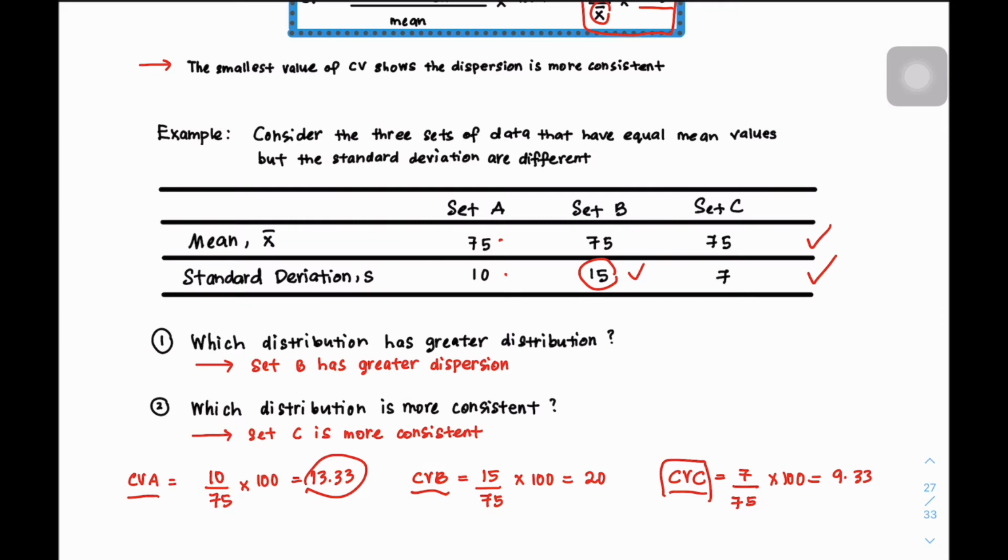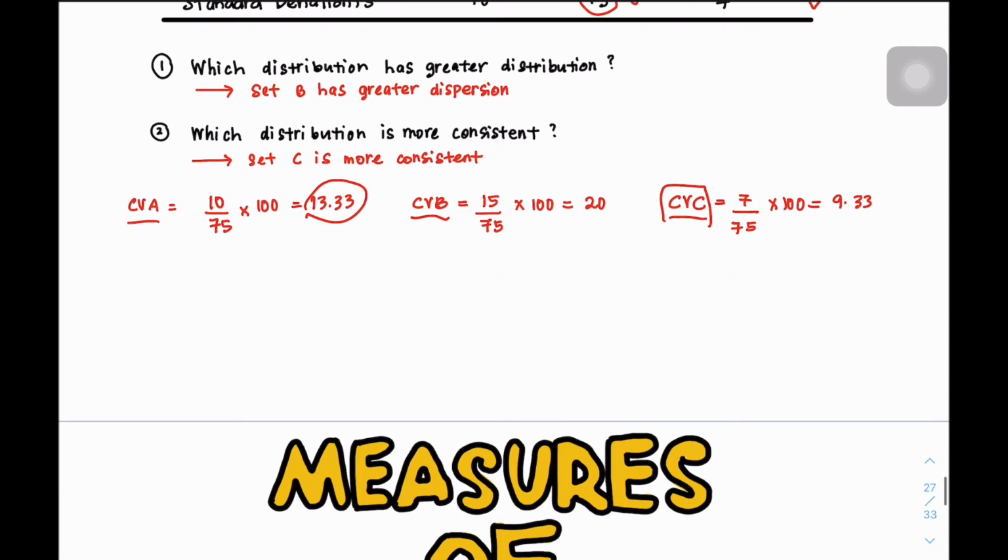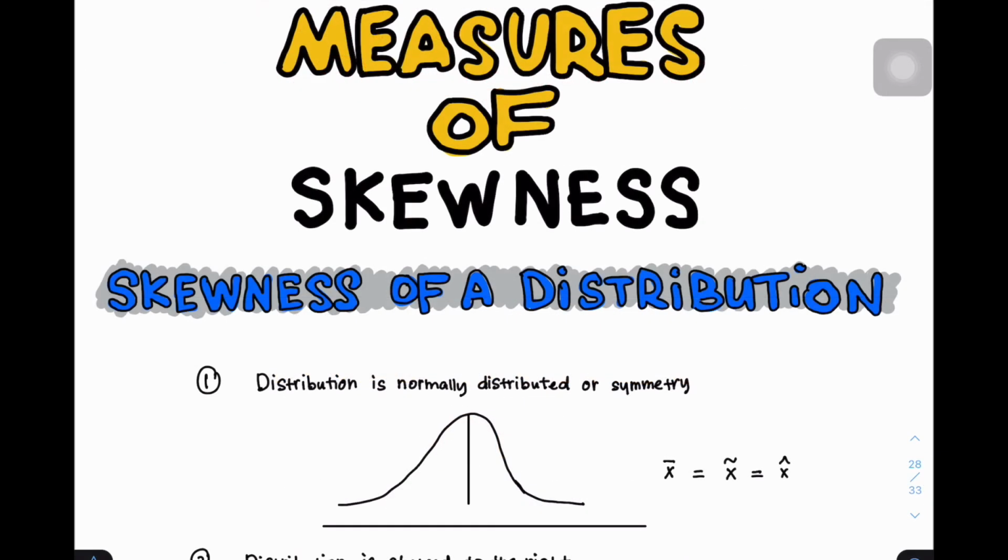Okay, so itu adalah cara macam mana kita nak tentukan dispersion, taburan sesuatu data set dan juga dia punya consistency. Alright, so rentetan daripada coefficient variation tadi adalah rentetan daripada measure of dispersion, di mana under measure of dispersion we are measuring the taburan of the data set.